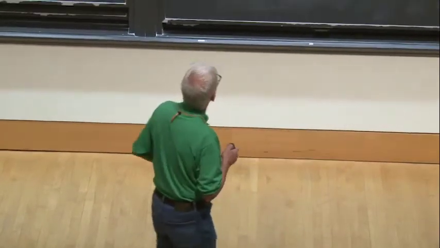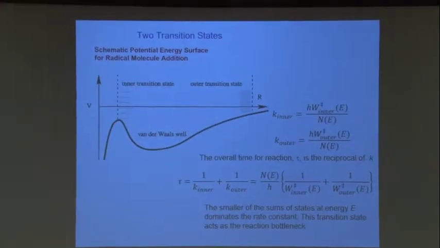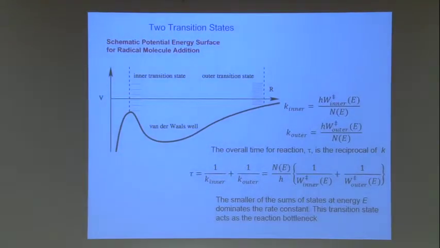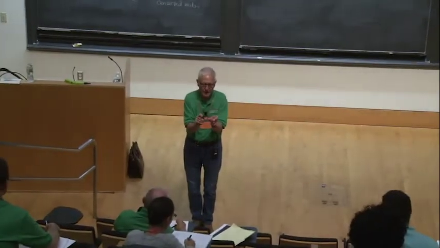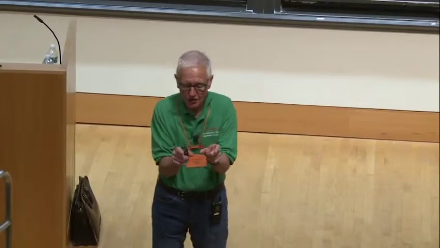There can be a complication which arises because of a potential surface that looks like this. And this is rather like what we had with OH plus DME, dimethyl ether. So what happens is the energy decreases and the system forms a van der Waals well. And so, if you like, that's OH coming in and interacting with the oxygen atom on DME or the hydrogens on DME and forming a strong attractive interaction.